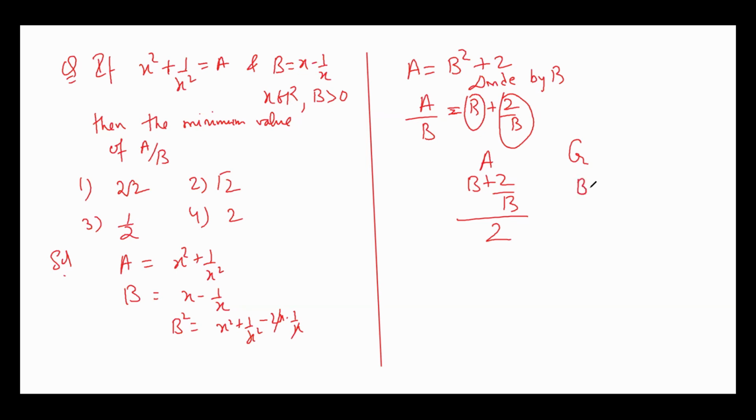So GM is root of xy. What we do, we put this sign here, and then this comes out to be 2 root 2. That means my a by b is b plus 2 by b, and that is greater than 2 root 2. Therefore my answer is this part. Okay.